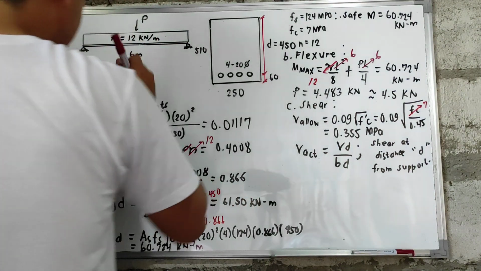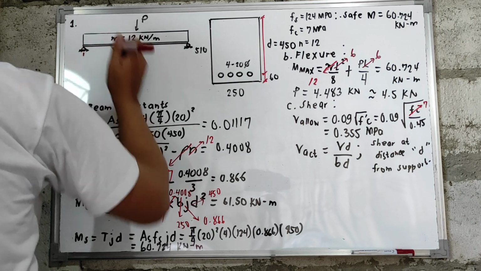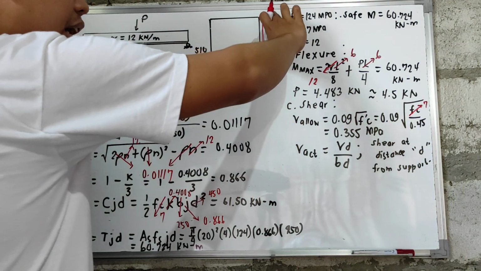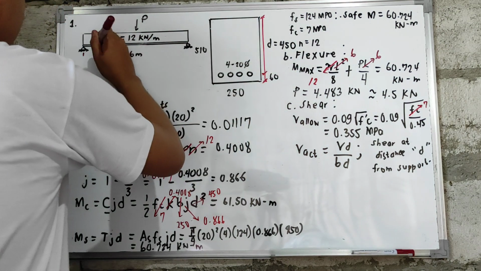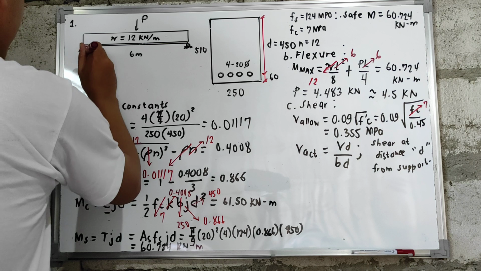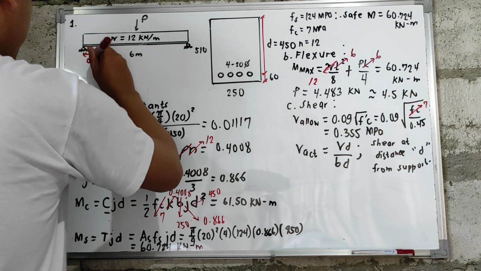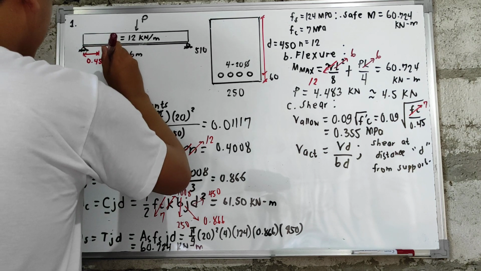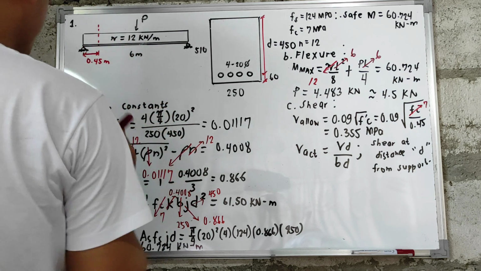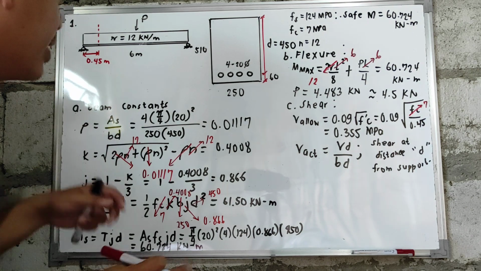So, meron tayong 6 meter. So, from the support daw, kunin natin yung shear at distance D. Eh, yung D natin, yung effective depth. So, eto yung effective depth natin. So, kunin daw natin yung shear natin dyan. So, this is 0.45 m. So, hahanapin natin yung shear at 0.45 meter from the support.